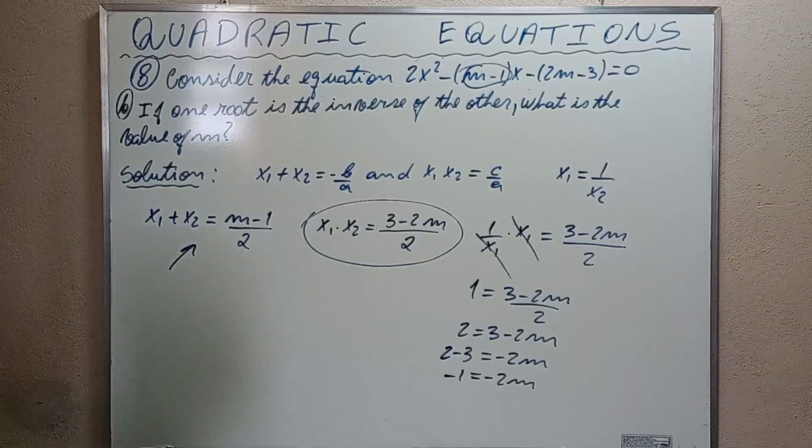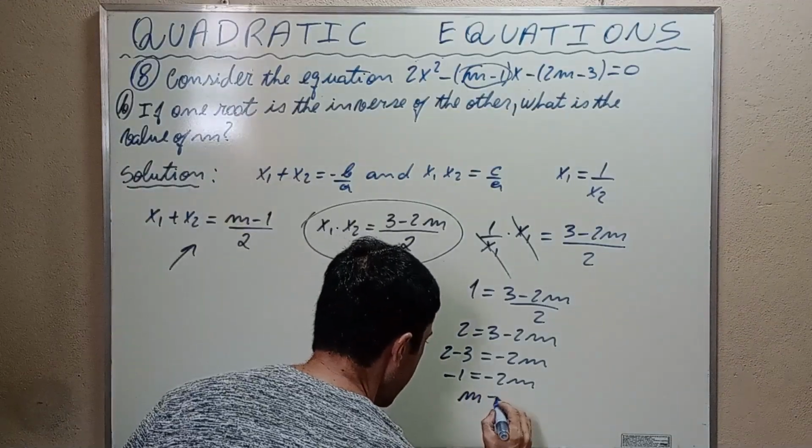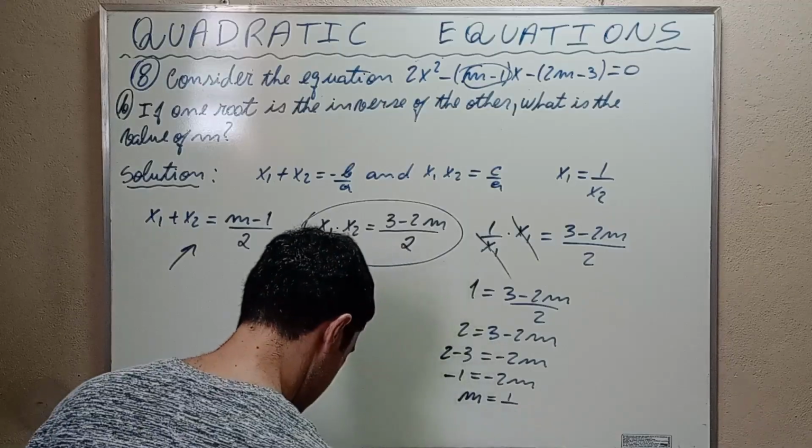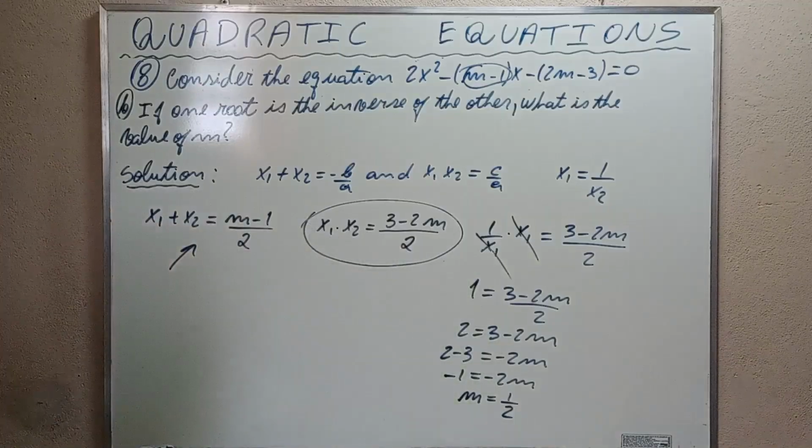And I find ultimately that m is equal to a half. So this is the value of m when the one root is the inverse of the other.